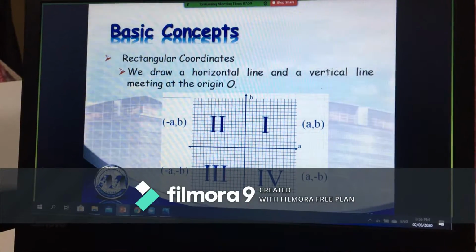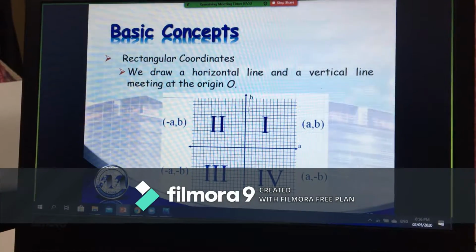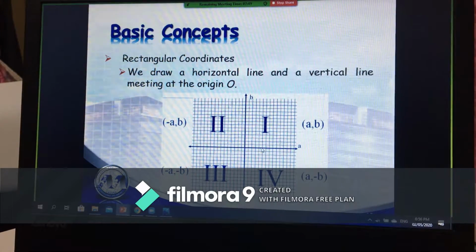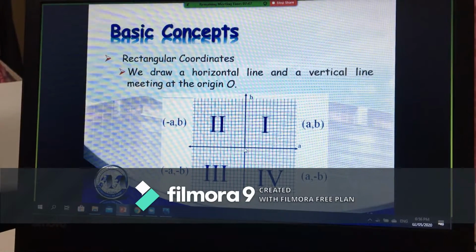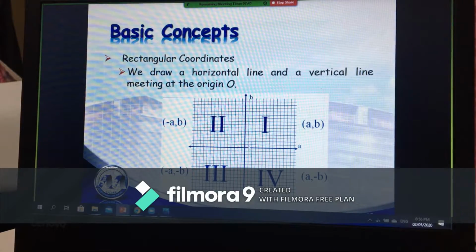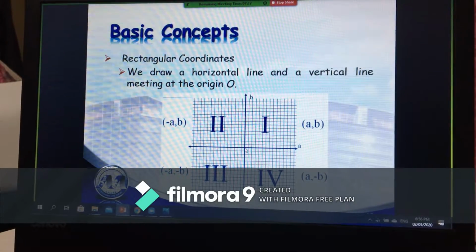So kanina we have the real number line, horizontal, alright? And then we have the vertical line. So the horizontal and vertical lines meet at the origin. Itong point of intersection, class, of these two lines, ito yung tinatawag natin na origin or point O.